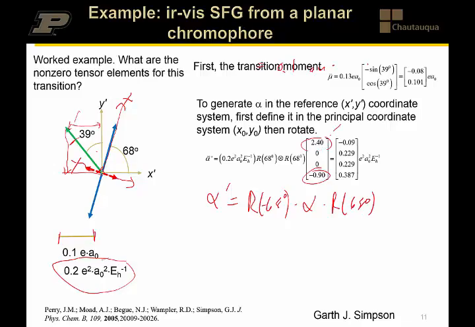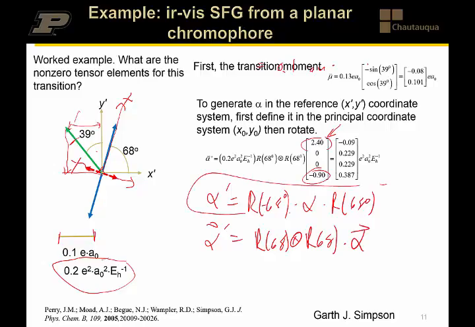Or we can vectorize alpha and say that alpha prime vectorized is equal to R(68) Kronecker R(68) times alpha vectorized. So either way works for this particular case. You can either rotate the matrix or you can vectorize and rotate the vector. In either case, we get the same result.